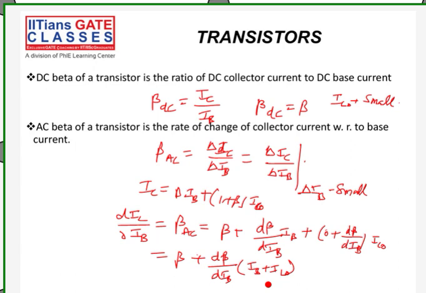So here we can see beta plus (d beta upon dIB) into (IB plus ICO).